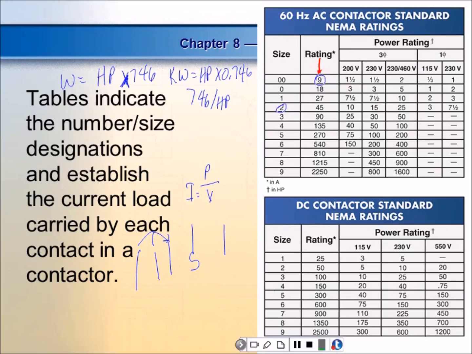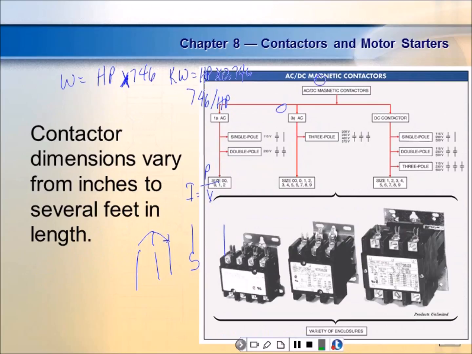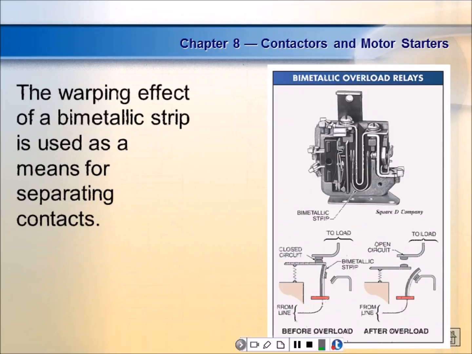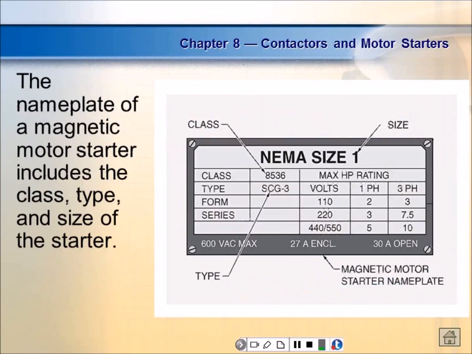They don't care, because they're just trying to control current for that one phase, right? Does that make sense? So the type would probably give us the frame class, but we're looking over here. Are we okay? Any questions?